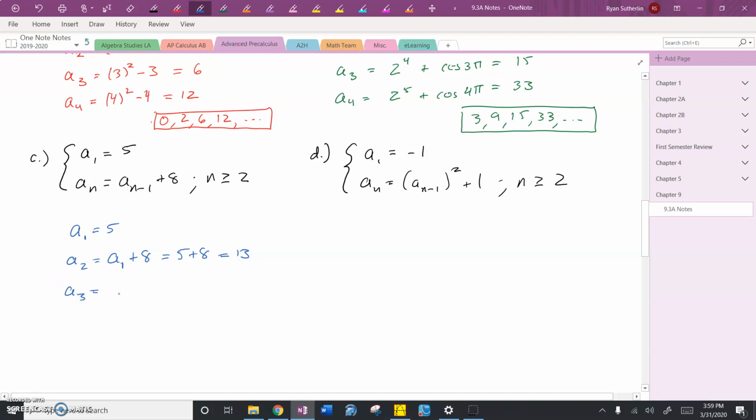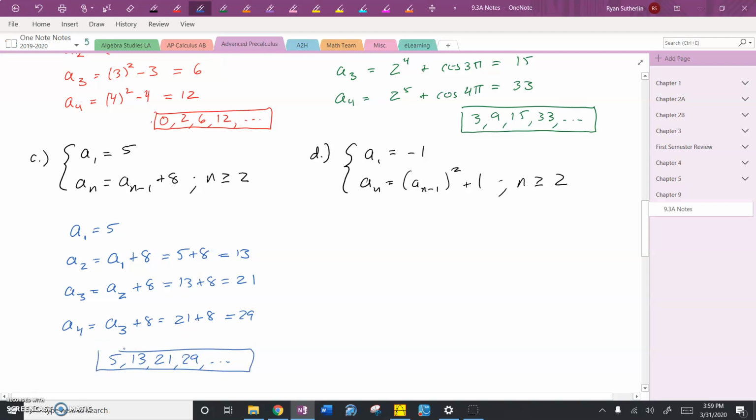Now to get the third term, I'm going to take what was the second term, plus 8. So now I have 13 plus 8 is 21. And then to get the fourth term, I'm going to take the previous term, which was the third term, plus 8. So 21 plus 8 is 29. So I have 5, 13, 21, 29.